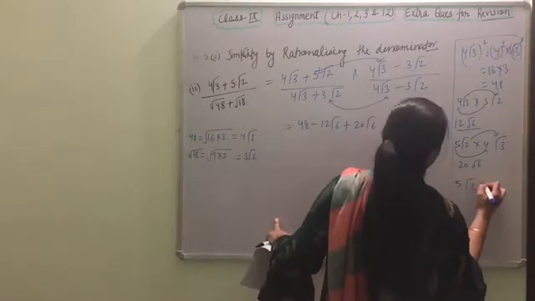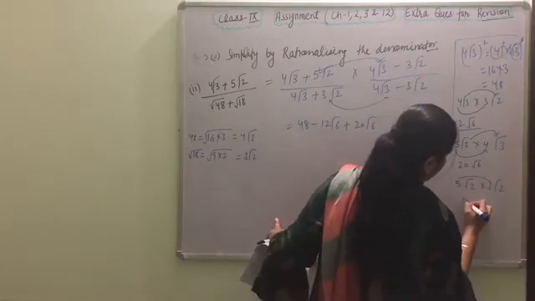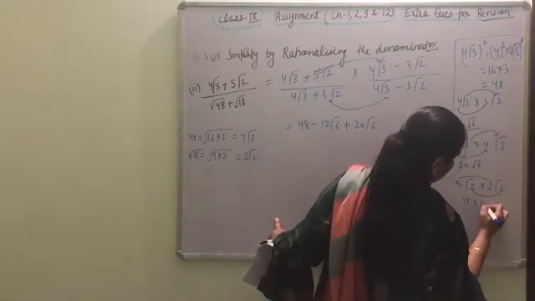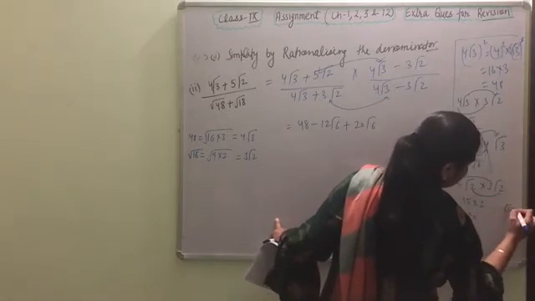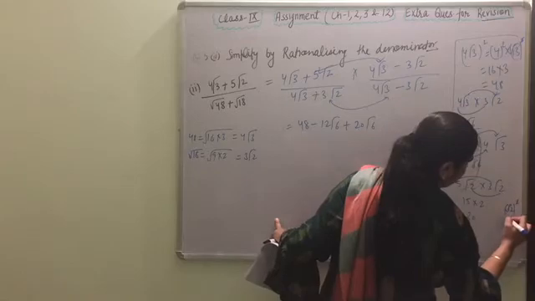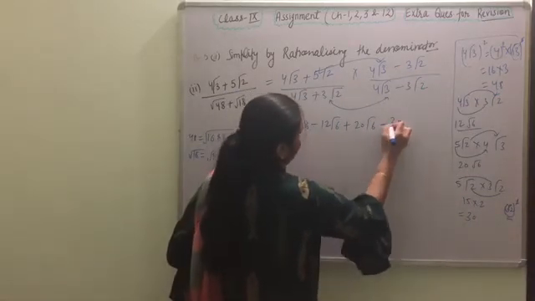This positive and negative, plus minus gives minus. 5 root 2 into 3 root 2. 5 3s are 15. Root 2 into root 2, which is equal to 30. Root 2 into root 2 means root 2 square, which is equal to 2. Okay. The last term is with negative sign, 30.